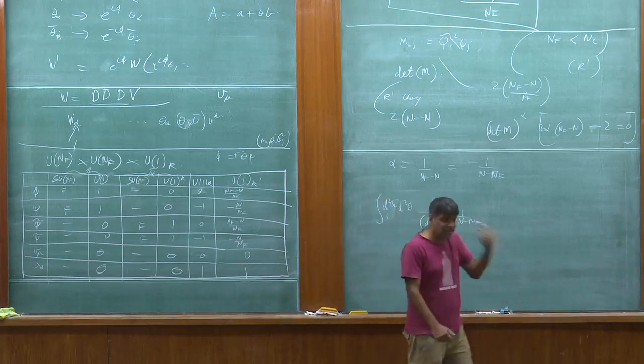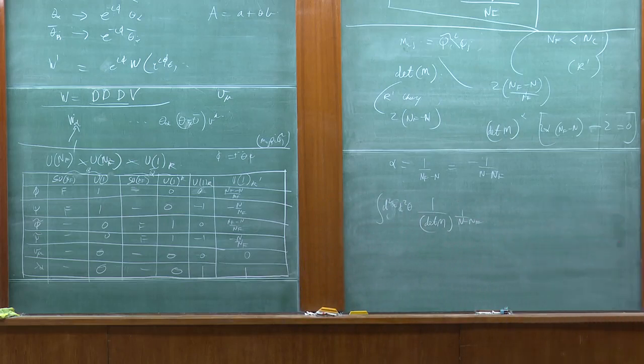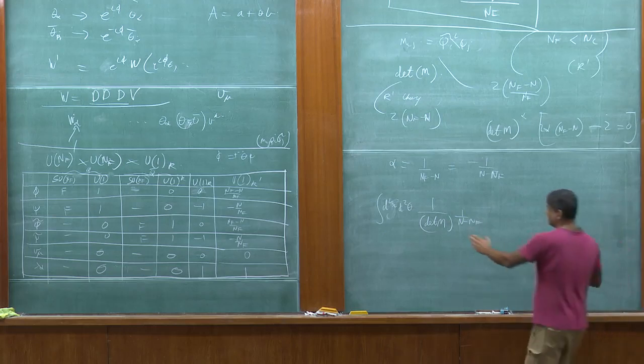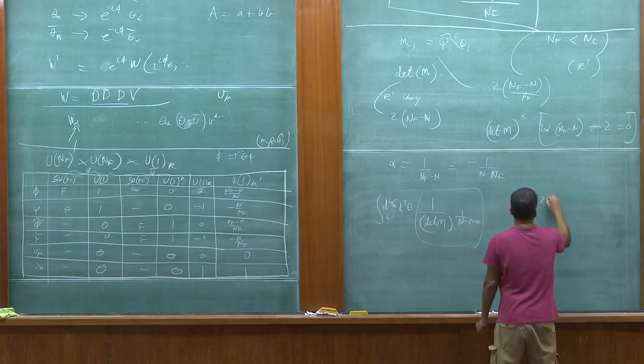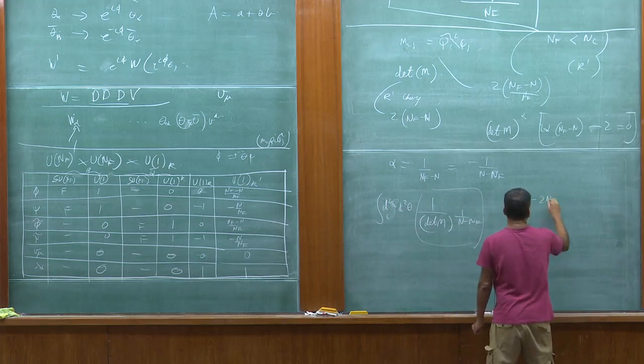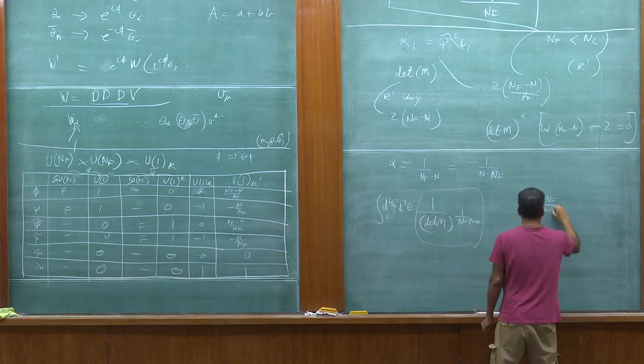What is the engineering dimension of phi? Well, it starts as the phi field, so its engineering dimension is 1. Therefore the dimension of M is 2. Therefore the dimension of det M is 2NF. Therefore this quantity carries mass dimension 2NF minus 2NF divided by N minus NF.